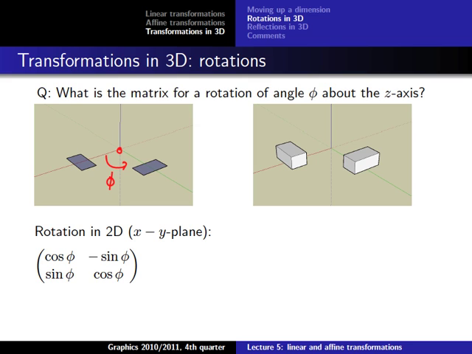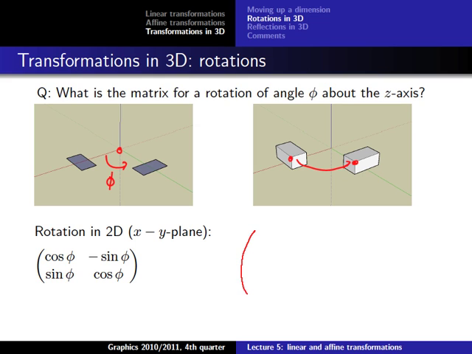Now if we look at what happens to these points when we do in 3D a rotation around the z-axis, for example this point here, if we rotate it, we see that the z value doesn't change. The z value stays the same because it rotates around the z-axis, so it doesn't move in that direction. And the x and y values are exactly the same that we would get if we would rotate in the plane.